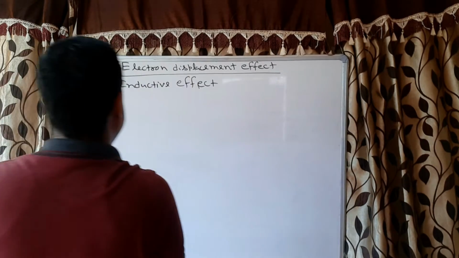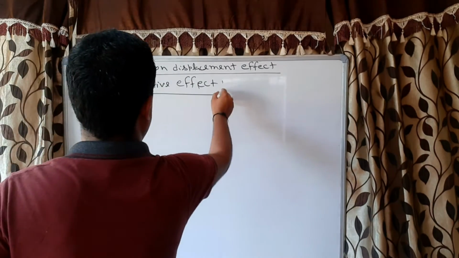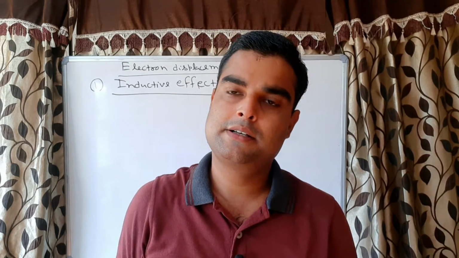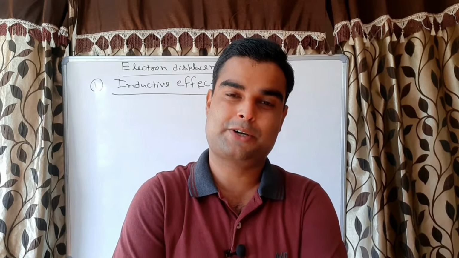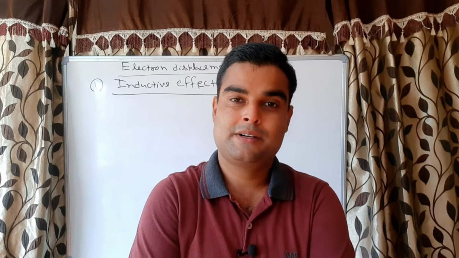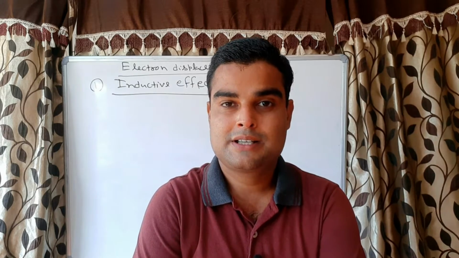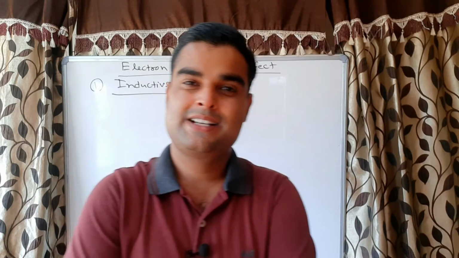So, what is the inductive effect? See, electron displacement effect can be a permanent effect or a temporary effect. Inductive effect is a permanent effect, which involves movement of sigma electrons, and when I am talking about sigma electrons, it means there is a saturated carbon chain, correct?